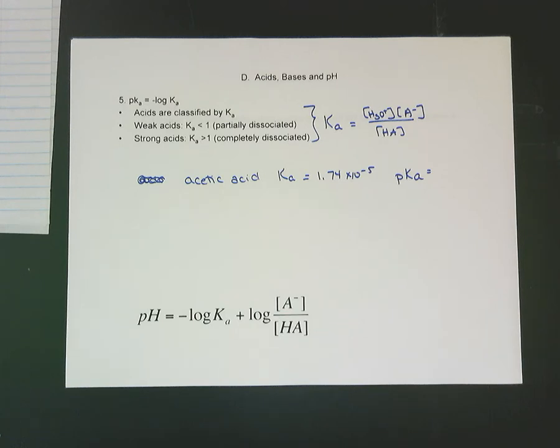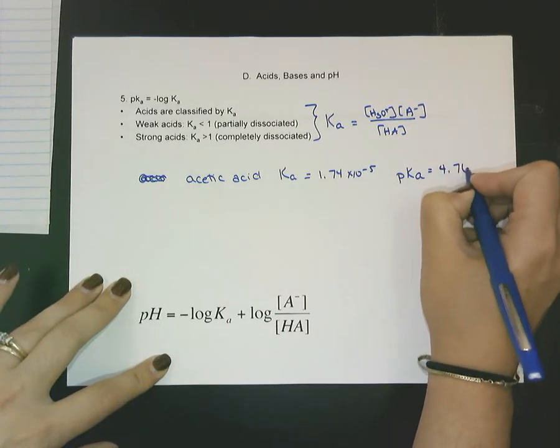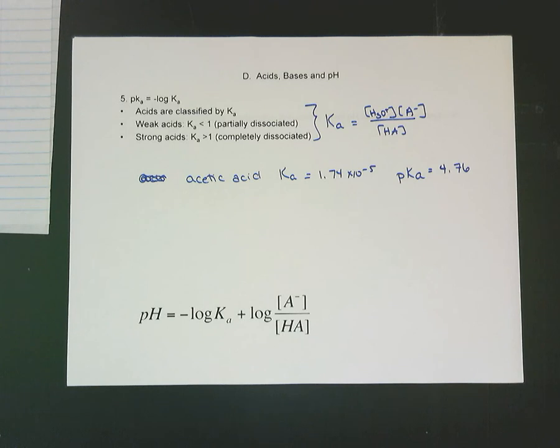What did we get, ish? Yep, I'd say 4.76, depending on how you end up rounding.